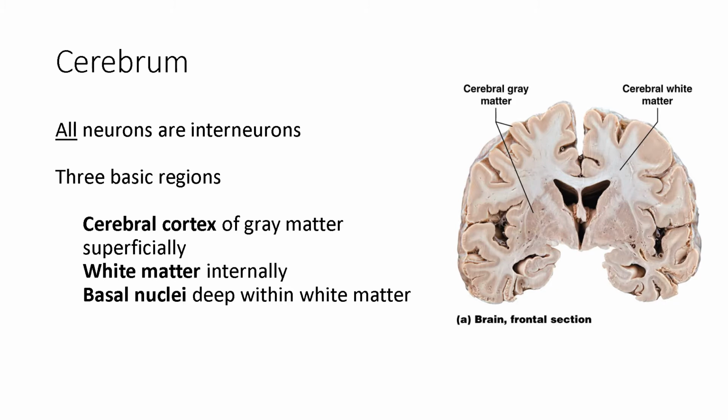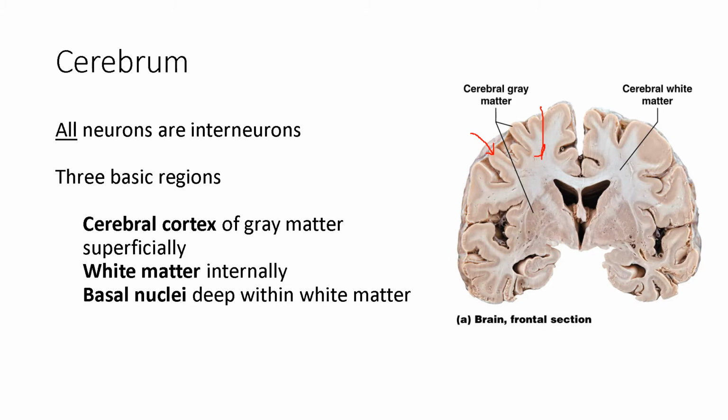The cerebrum is made up of 3 kind of layers. Superficially, you have the cerebral cortex, and as you can see here, it's made up of gray matter. In this image, it doesn't look exactly gray, it looks more brownish, but when you actually look at a cadaver, sometimes it looks more gray, which is why it gets the name gray matter. Deep to that, there's a network of white matter. And remember, white matter consists of myelinated axons.